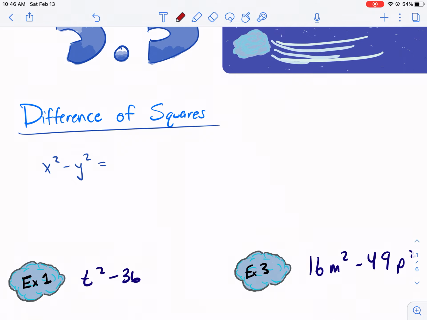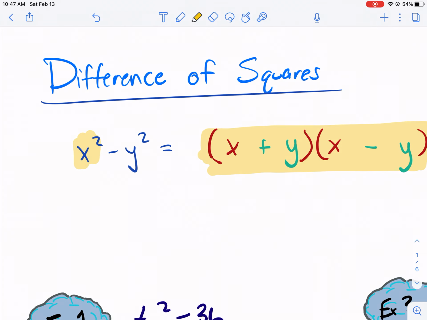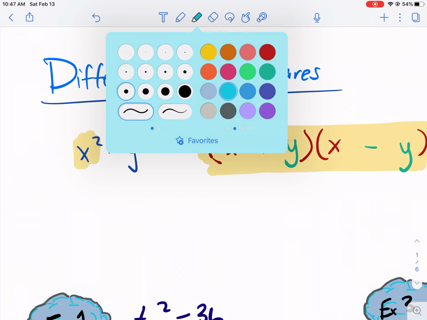For example, if this is x and this is x, and this is y and this is y, one is positive and one is negative, and this is how we factor this particular case, known as difference of squares. It's important that it is in a certain pattern: one square subtracting another square.